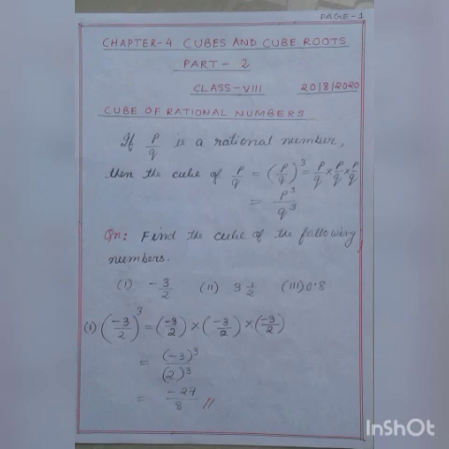Minus 3 into minus 3 into minus 3 is minus 27, divided by 8. As the number of minus signs is odd, 3 is an odd number, so the result of multiplication of minus 3 into minus 3 into minus 3 will be a negative number.